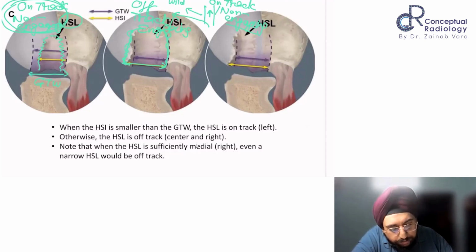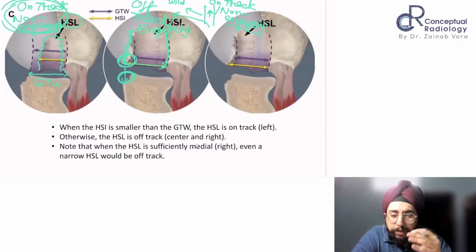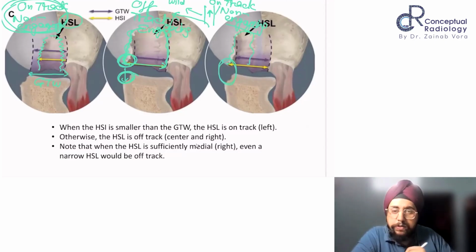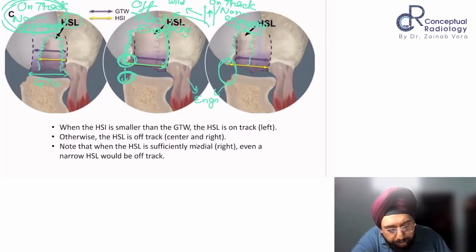So the Hill-Sachs lesion is so large that it goes much more medially and then it engages this glenoid rim. Or even if the Hill-Sachs lesion is small, but it is much more medially placed, so this is the location, still it will be engaging this glenoid rim defect. So both of these cases are engaging lesions or off-track lesions.